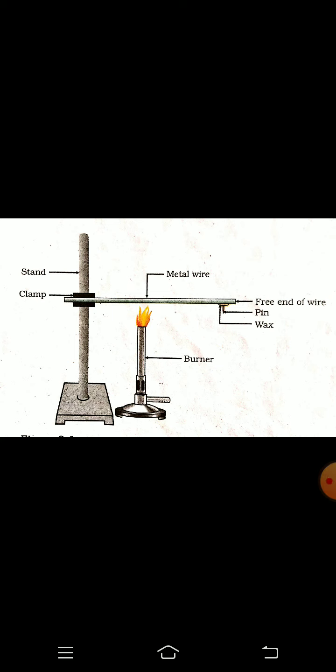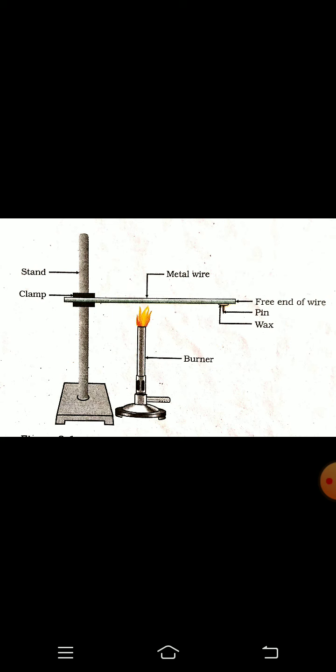Fix a pin to the free end of the wire using wax. We have to attach a pin using wax where the end is free. One end of the wire is attached with the clamp, right? And on the other end, which is free, we have to fix a pin.